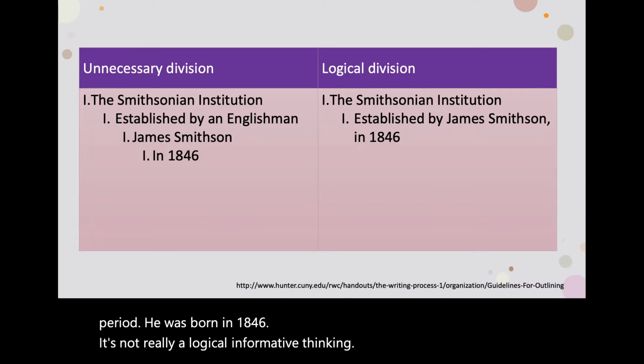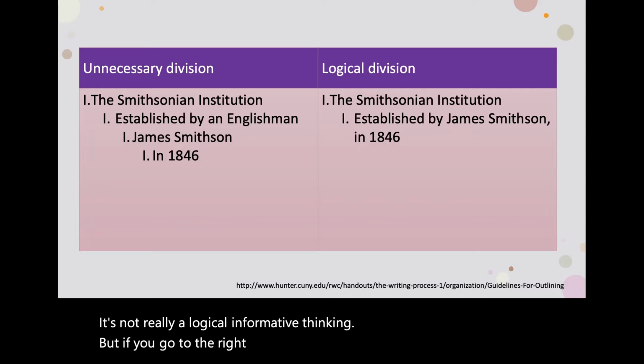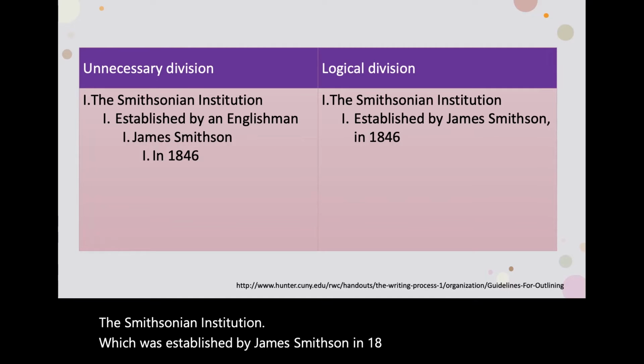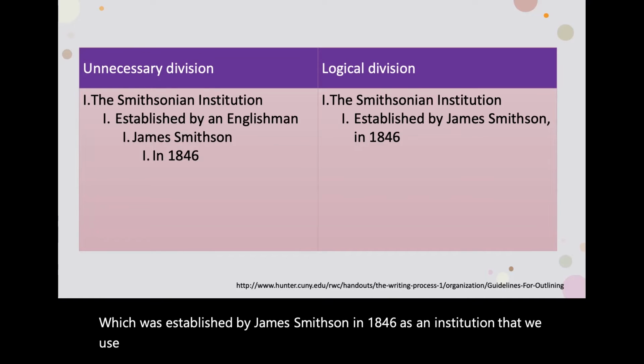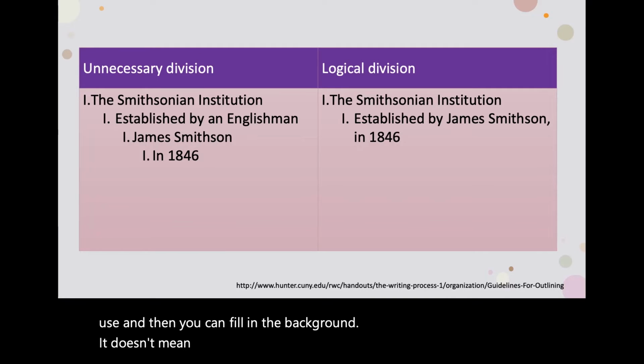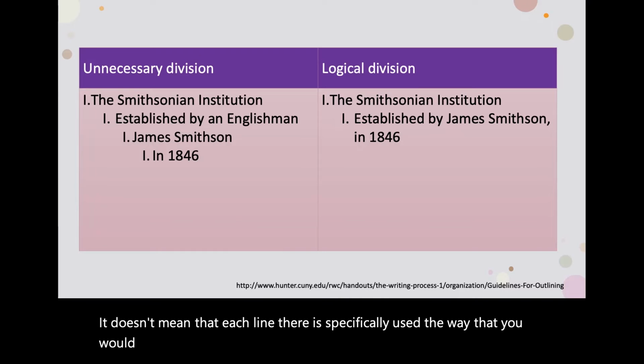But if you go to the right-hand side, the Smithsonian Institution, which was established by James Smithson in 1846, is an institution that we use, and then you can fill in the background. It doesn't mean that each line there is specifically used the way you would in a sentence outline, but it just helps you to gather your thoughts.